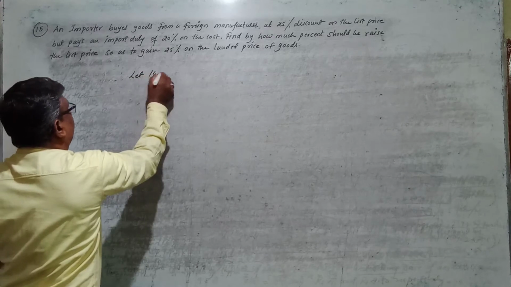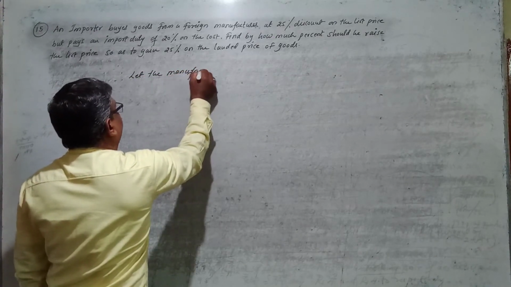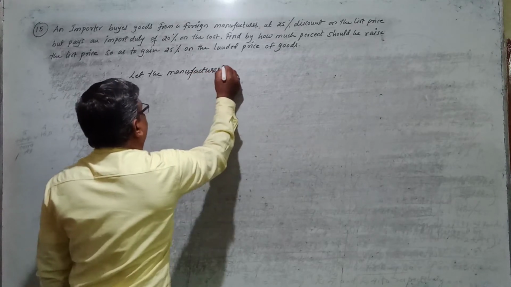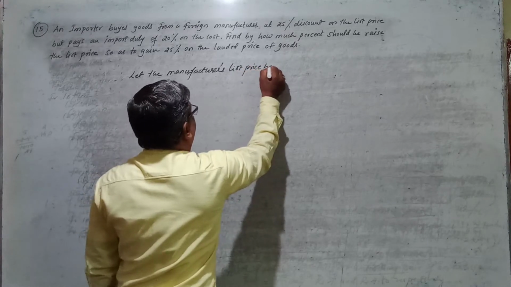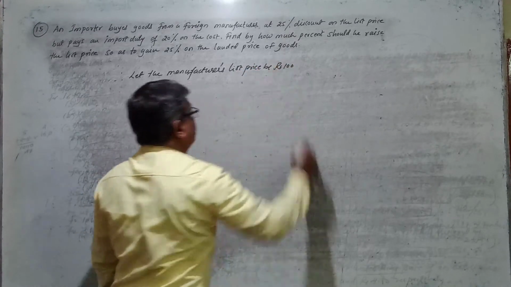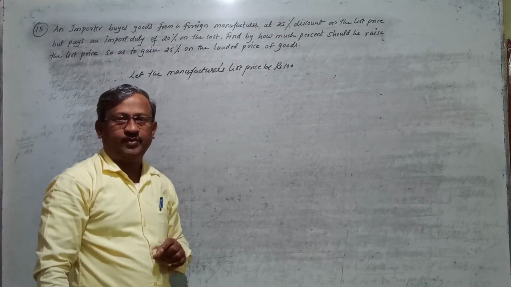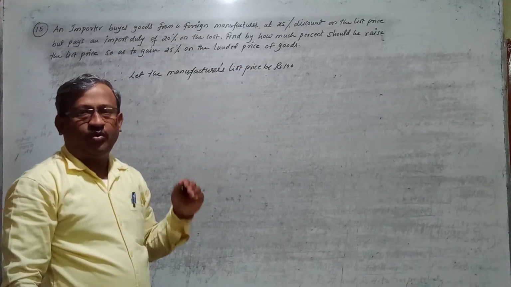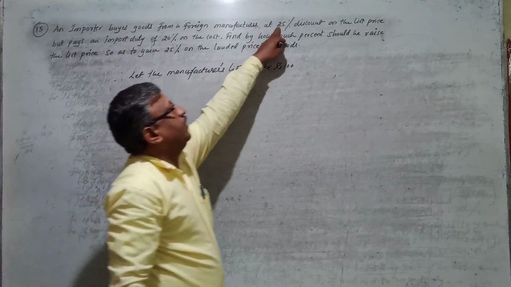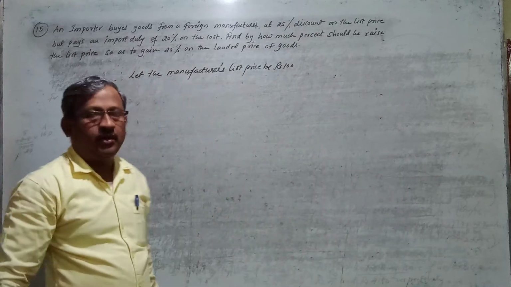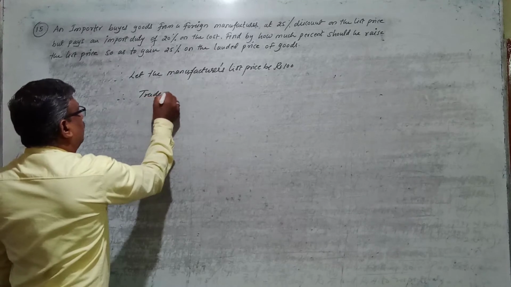Let the manufacturer's list price be rupees 100. Manufacturer has marked his goods for sale at 100 rupees, and the importer is importing the goods from the foreign manufacturer. So the foreign manufacturer is giving 25% discount to whom? To the importer.